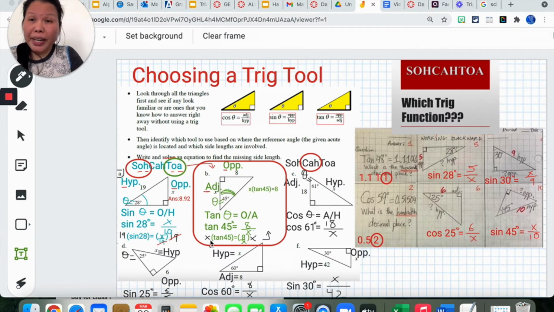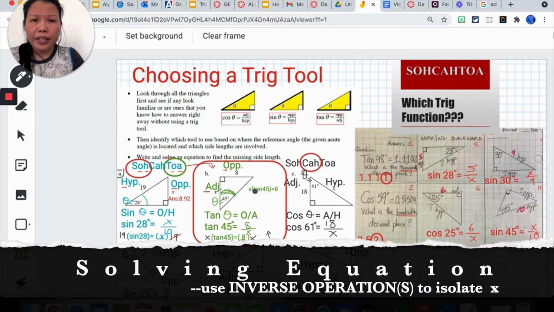We are rewriting the equation, simplified from canceling out x on the right hand side. I'm left with x times tangent 45 on the left equal to 8 on the right. What I will do is get the x by itself. This is multiplying when there's nothing in between or there's parentheses, so it's multiplying.